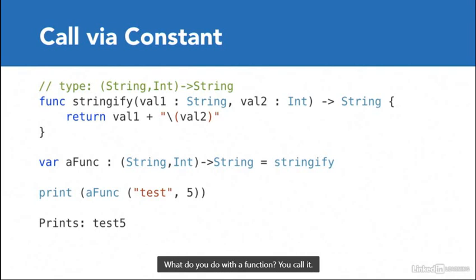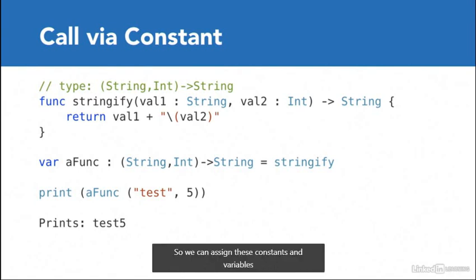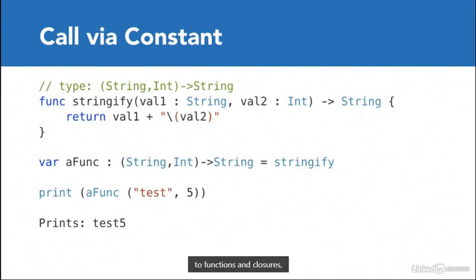Well, what do you do with a function? You call it. So we can call stringify or we can call afunc because it's just assigned to stringify. It's the same thing. So we can assign these constants and variables to functions and closures, which means we can pass them around too. This is where it starts to get really exciting.